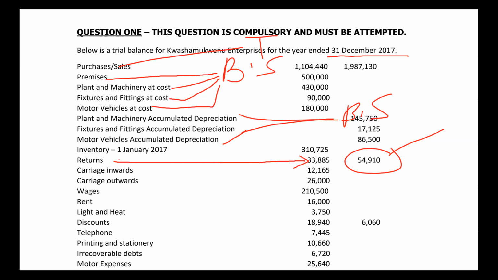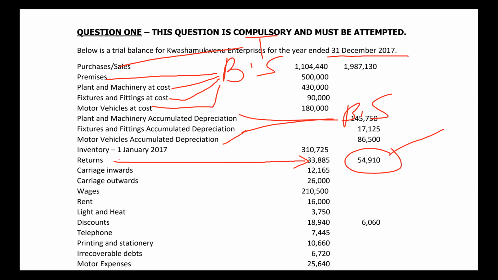Carriage outward is when you are taking the things outside the business, when you're selling. There are some costs that you incur, because when you're making sales, especially in standardized businesses, you have to be responsible for making sure that the goods are delivered. That is called the carriage outward. It could include loading costs, loading expenses.